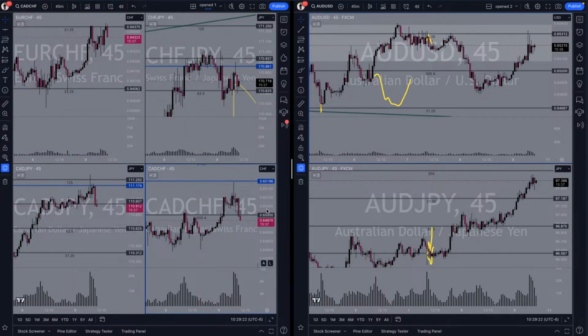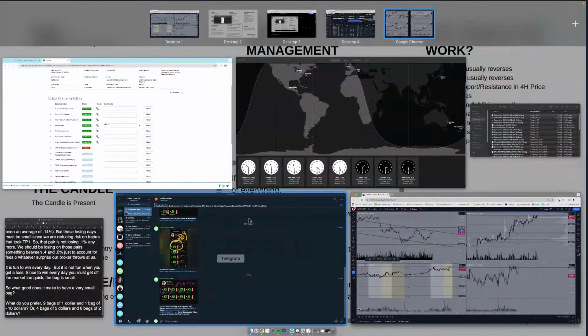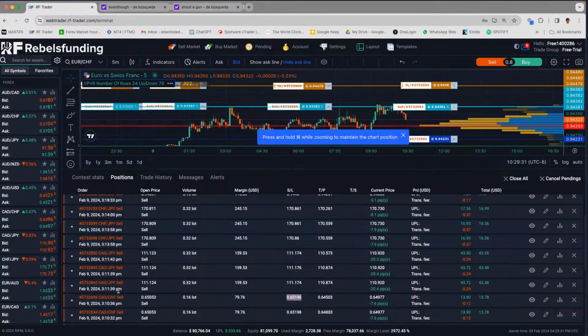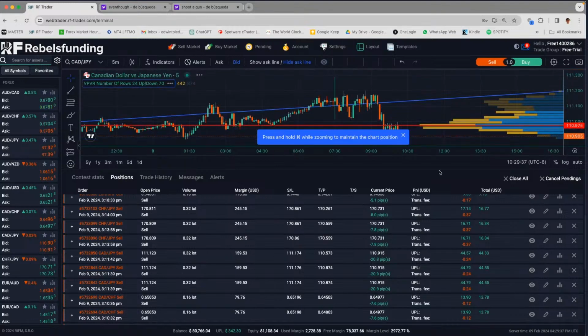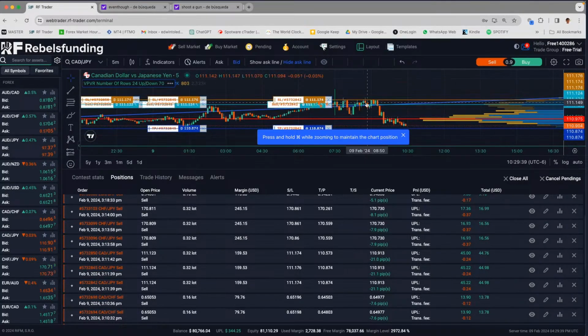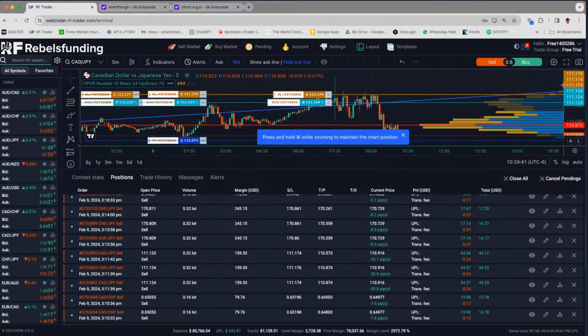Very nice, and I think it already moved 5 pips closer to our stop loss. I think, let's see, yes, definitely yes. Cat Gen is already at point 0.5.